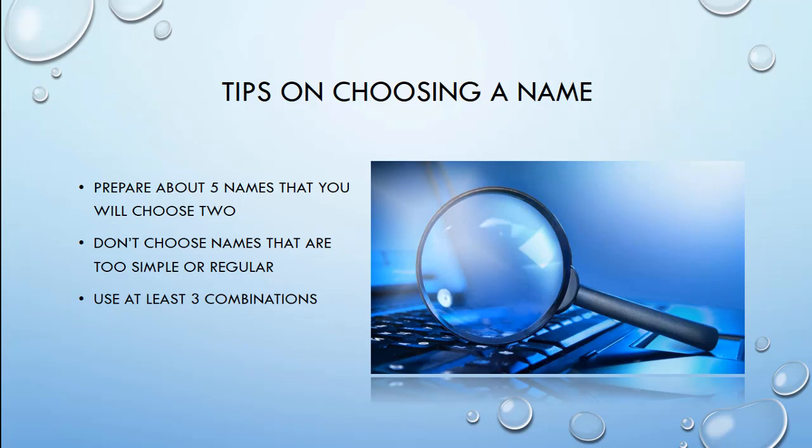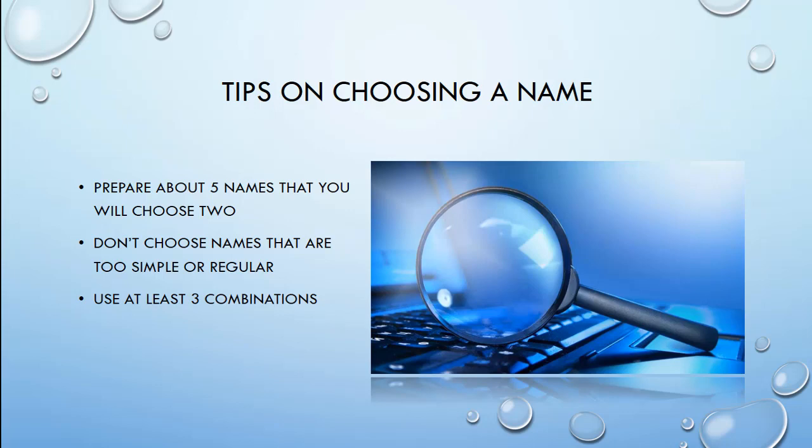The next point is that you don't choose names that are too simple or regular. So when forming these names, don't choose names that are too simple. It's like you want to do an email, like we said earlier, and you choose very easy names like John Smith. Chances are somebody is going to use that name already.